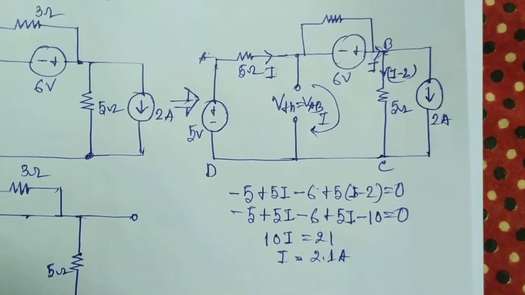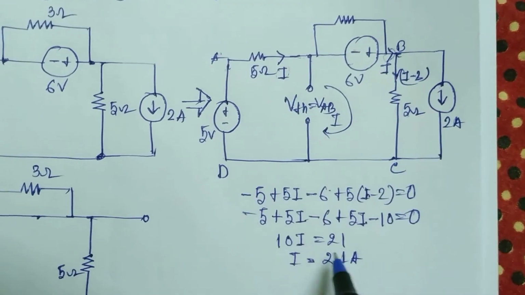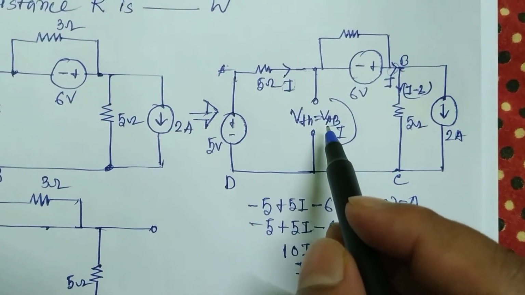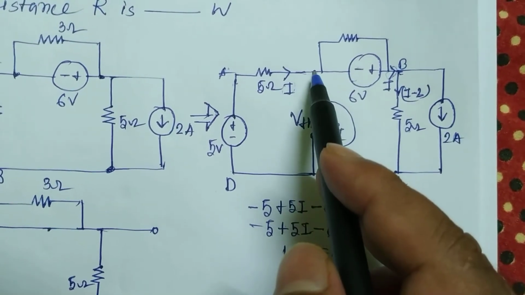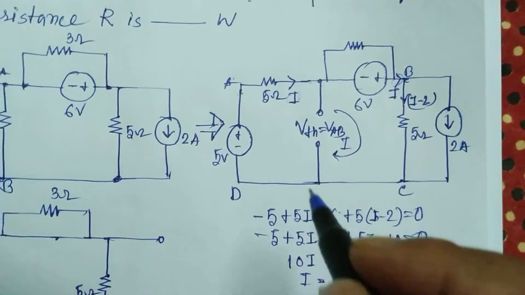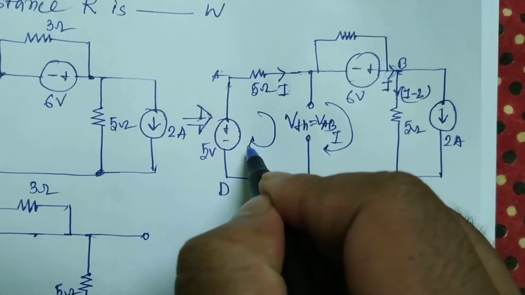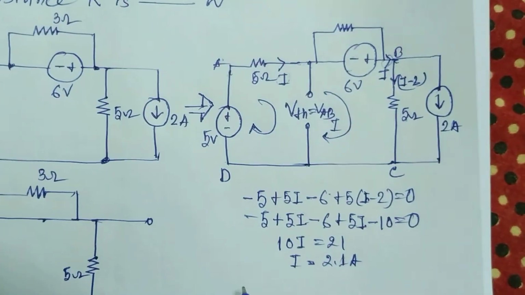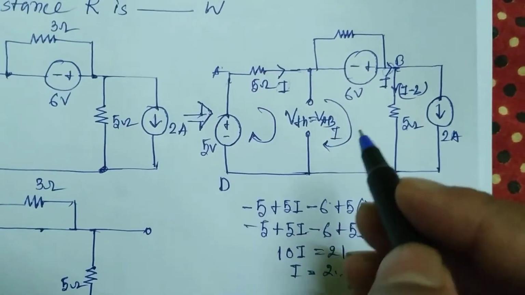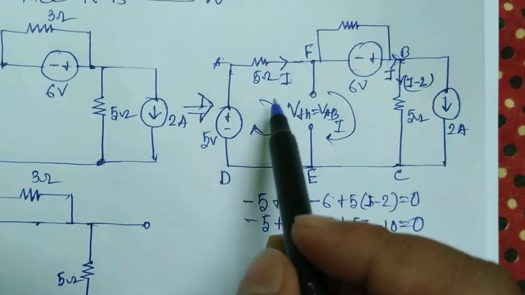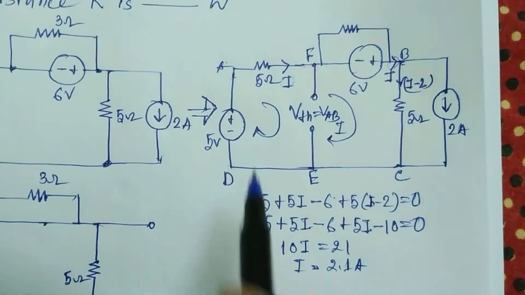Now we have to find VTH. I have already found the value of I, so we can easily calculate VTH or VAB, the voltage across the two points. Apply KVL in this section, ADEF.